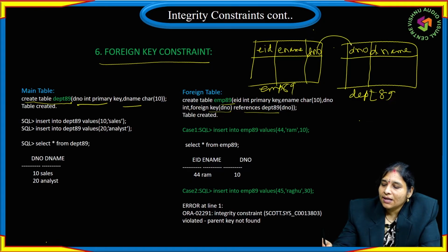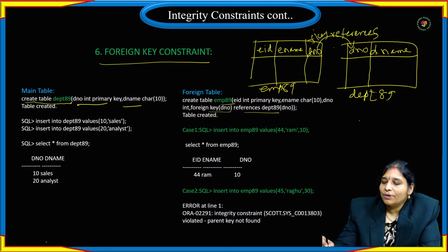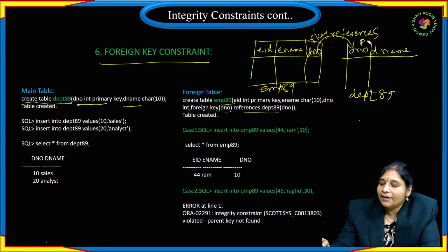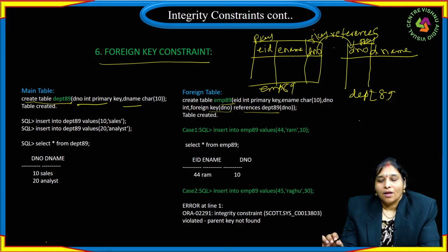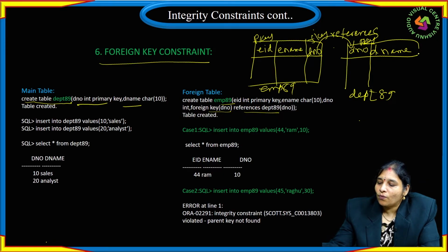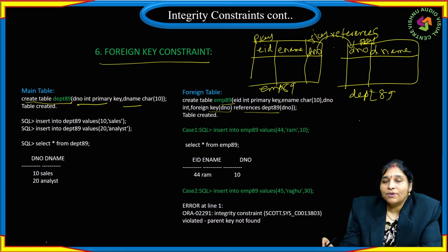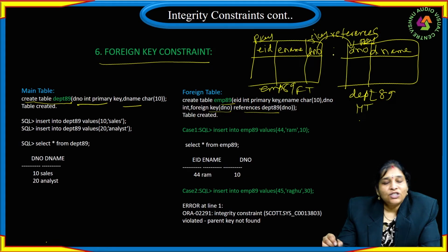So, this is a foreign key which references the primary key of the main table. EID is primary. So, this is the part we have seen so far. I have created two tables, Department 89 which is the main table and Employee 89 which is the foreign table. Each table has its own primary key and the Employee table has a foreign key referencing D number of Department 89.